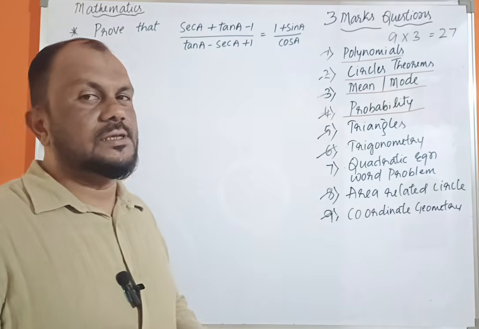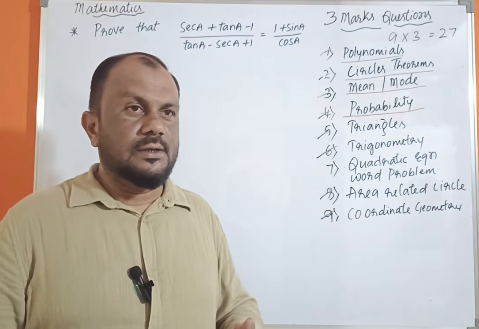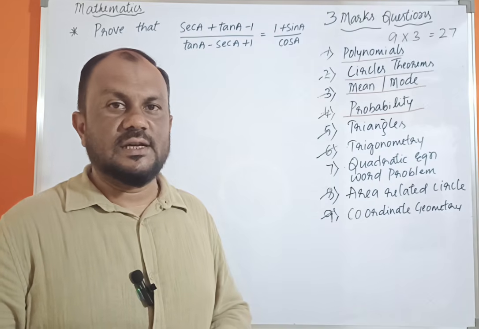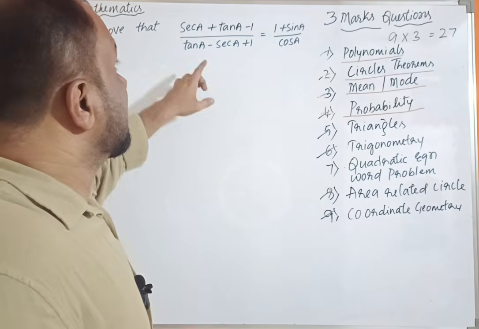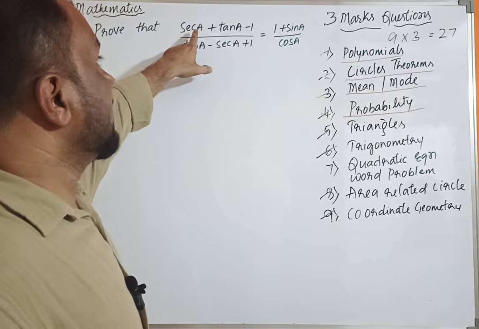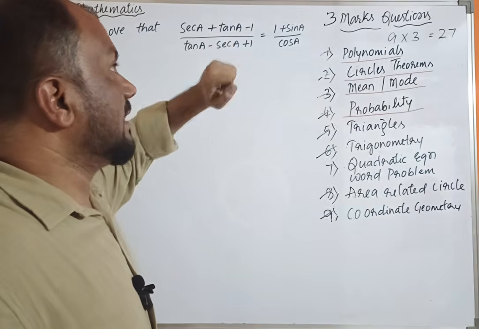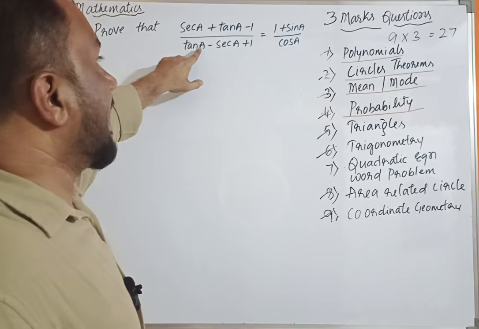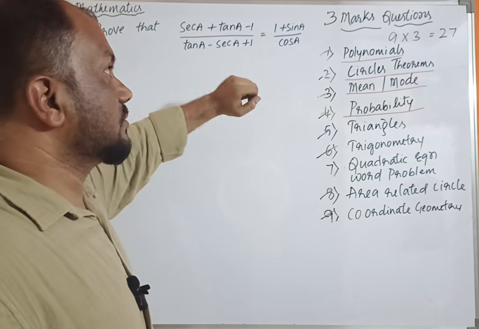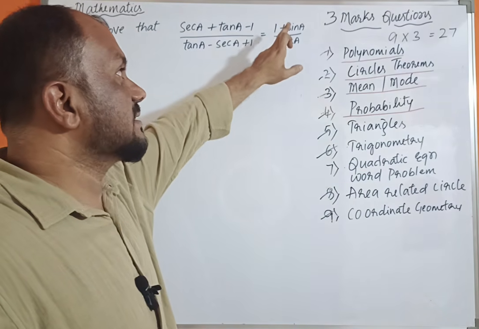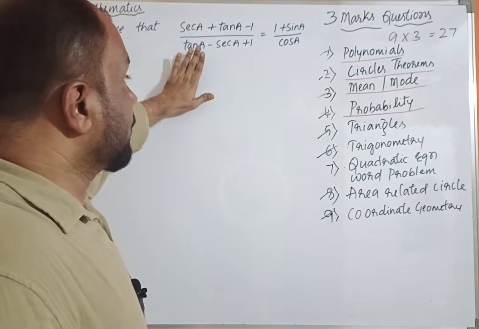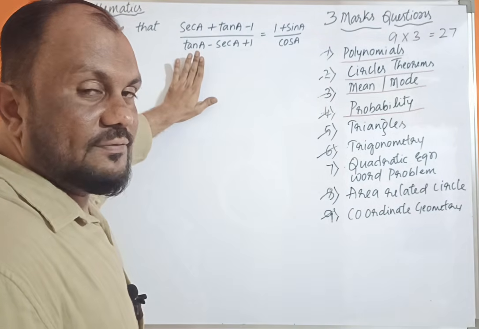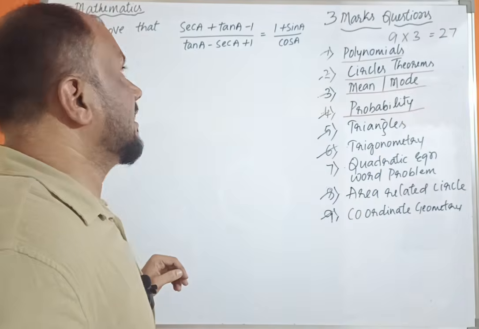Here I am discussing some two sums, and similar sums may fall in your final examination. So here we have one question. Prove that secant A plus tan A minus 1 upon tan A minus secant A plus 1 is equal to 1 plus sin A upon cos A. We are trying to prove that the left hand side is equal to the right hand side.